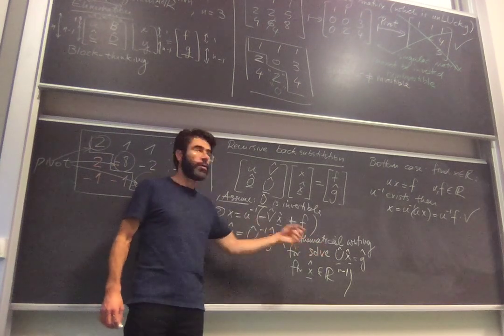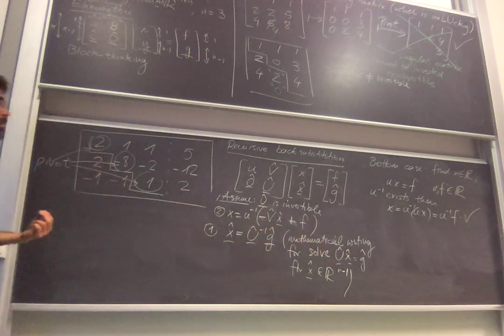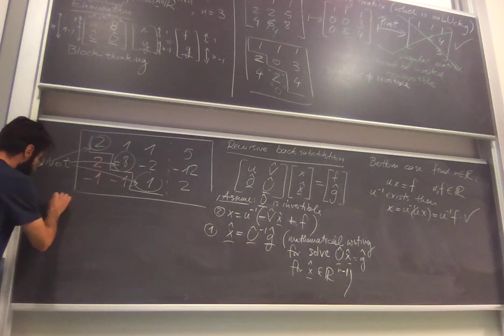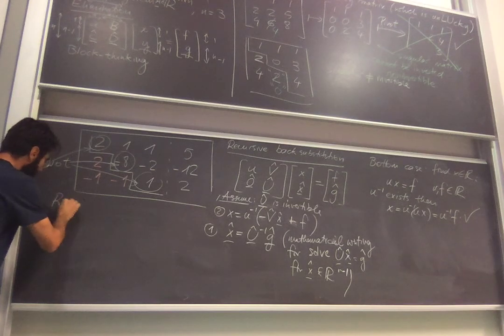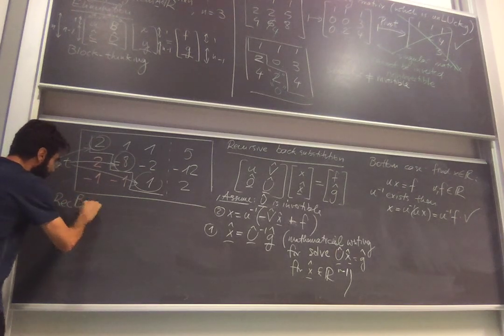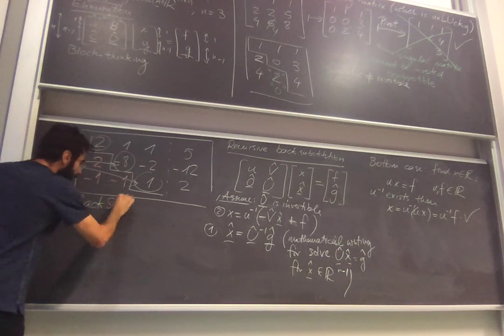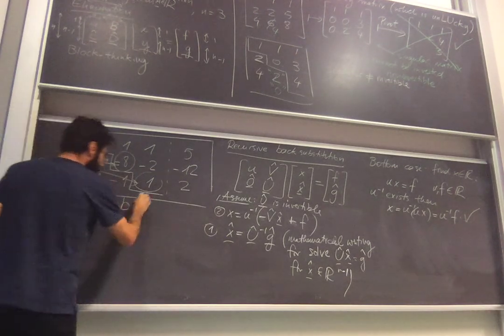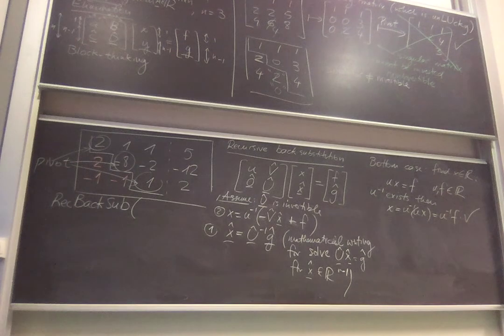So in algorithmic parallels, what we're doing here is writing an algorithm. Let's call it rec back sum. I'm going to write it in a functional way, so basically I'm going to take its arguments and return something. What are the arguments?